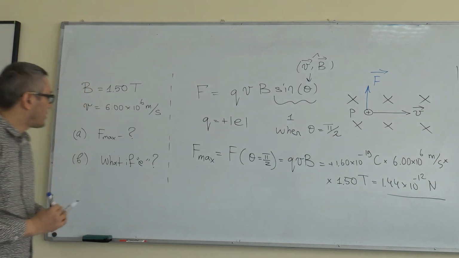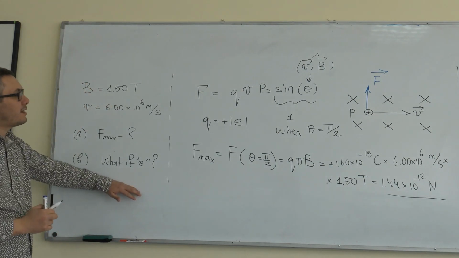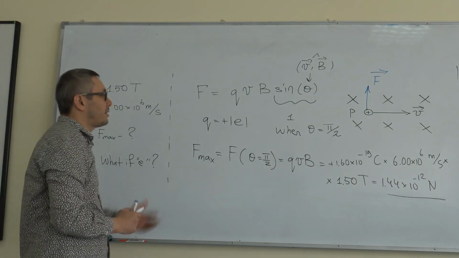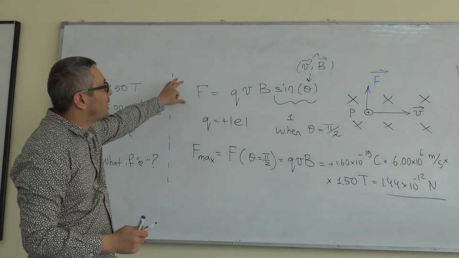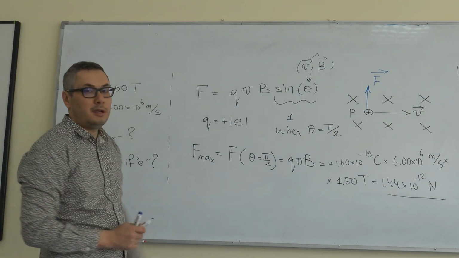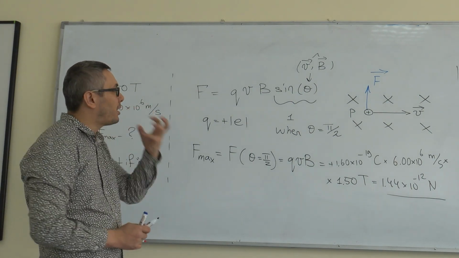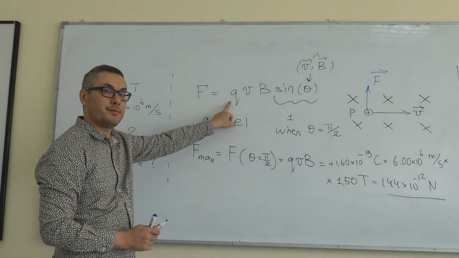The next question is, what happens if instead of a proton you now have an electron? Well, let's think about what's going to change. If you look at this expression for the force, the only characteristic of a particle is the charge.